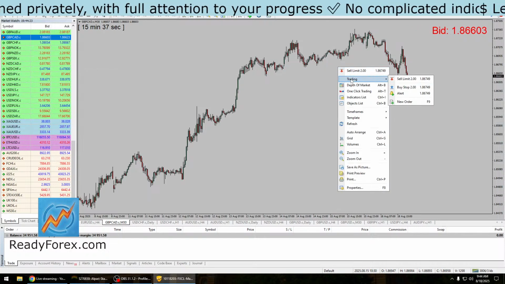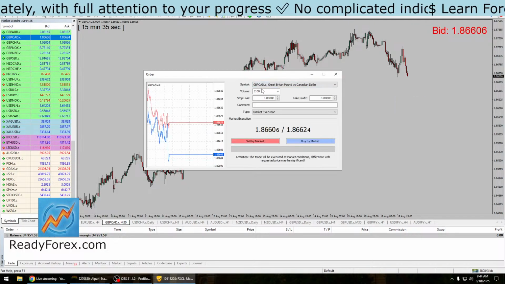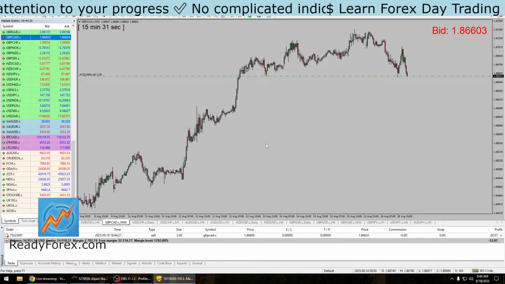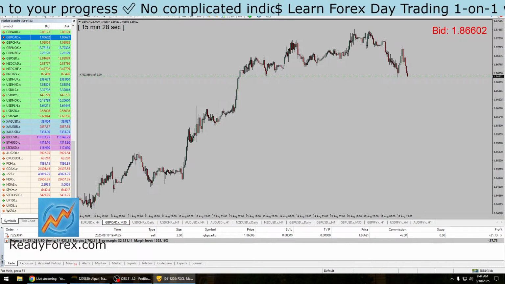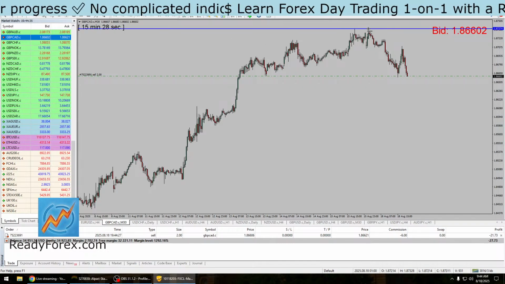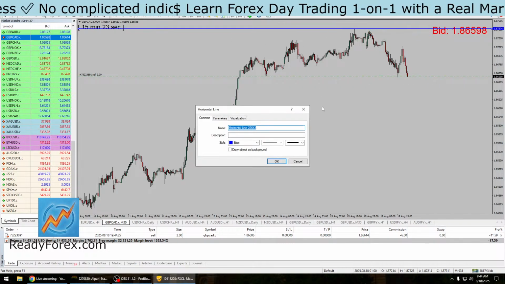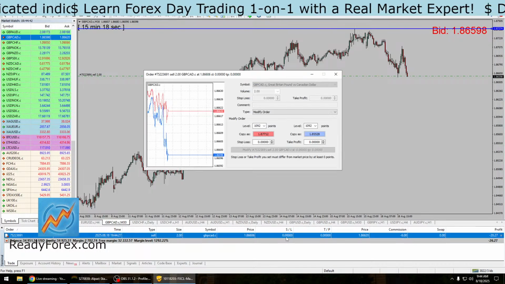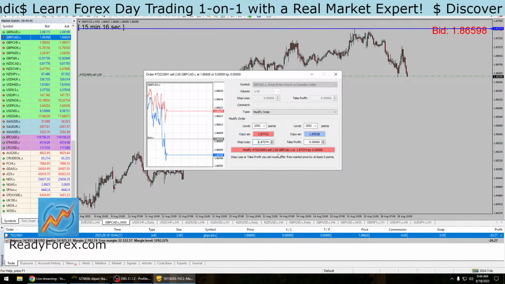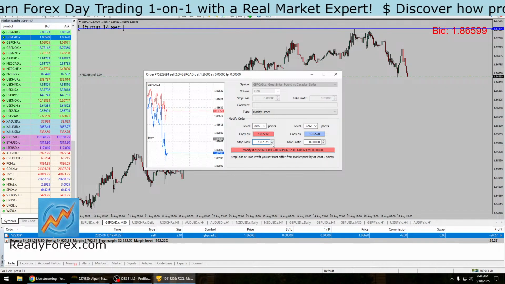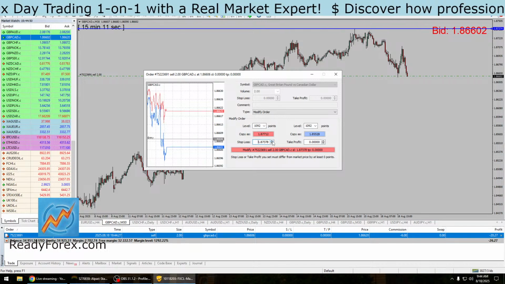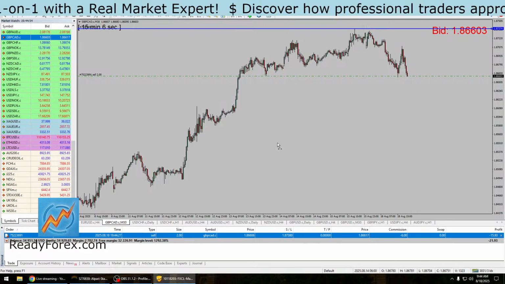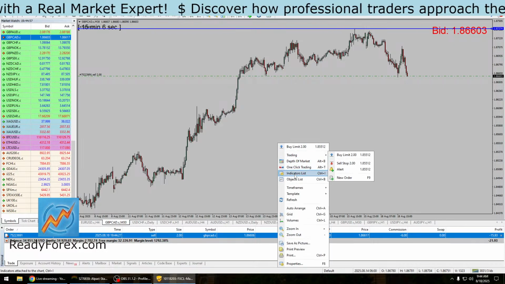Okay, I'm going to sell over here. Reduce the lot size. Here's the sell in GBPCAD, and I'm going to put a stop here as well. Okay, the sell is currently open.